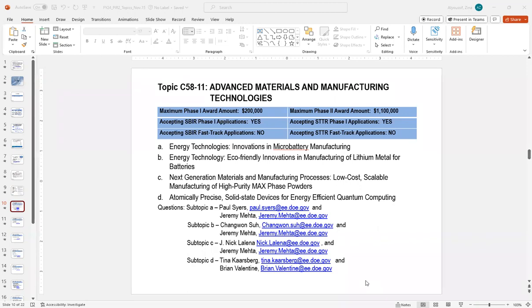But with respect to C, topic C is interested in cost-effective, scalable powder synthetic routes or powder fabrication methods for high purity MAX phases with harsh environment stabilities, which should be demonstrated through appropriate material characterization techniques and material property measurements. These should be embedded in the project and proposal.